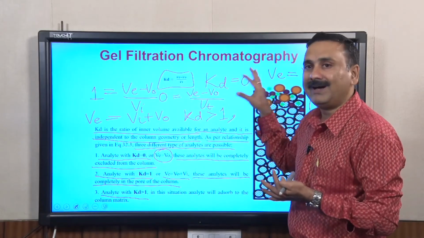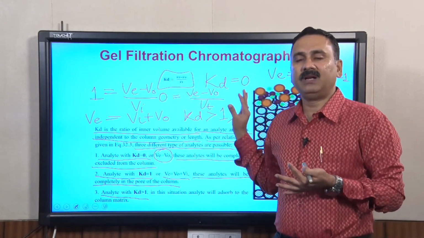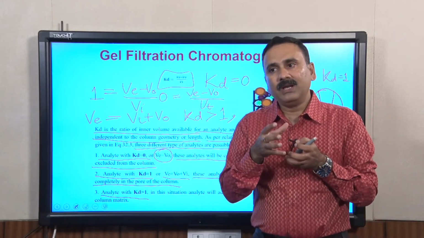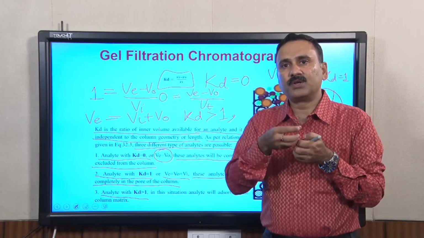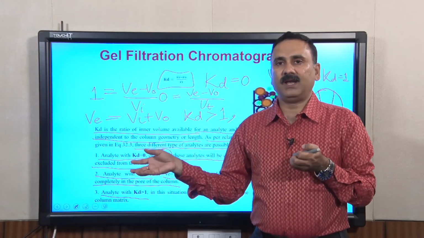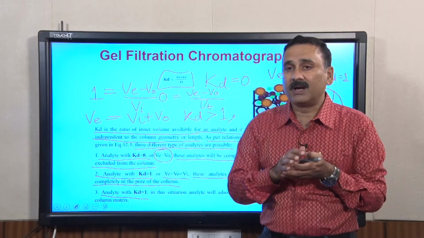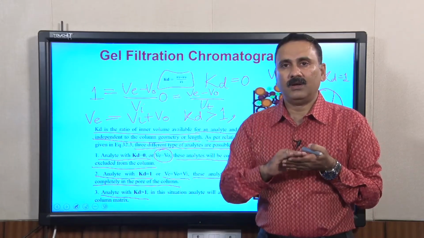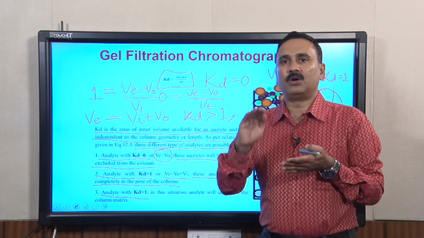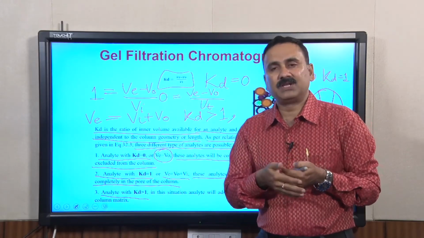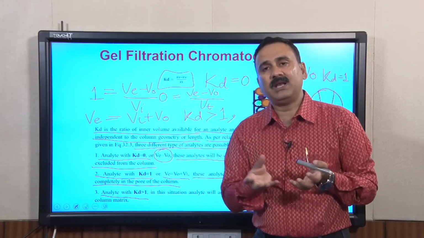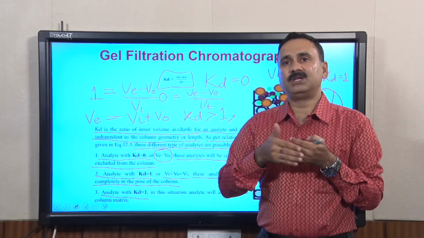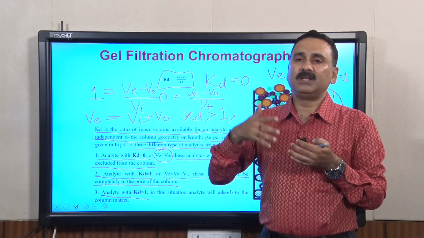So, one of the things you have to consider while doing gel filtration is that the molecules are only getting exchanged between the pores versus the outside area. They are not getting associated with the beads either by non-coordinate bonds or coordinate bonds or any kind of interaction, which means even if your protein has a charge, the beads are not going to associate with these molecules because of that charge.